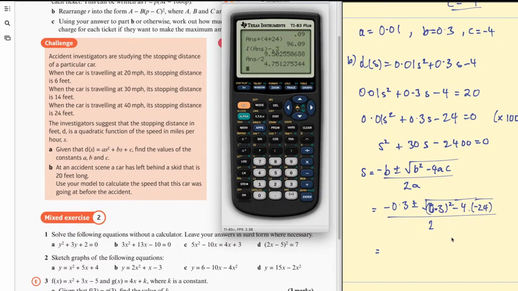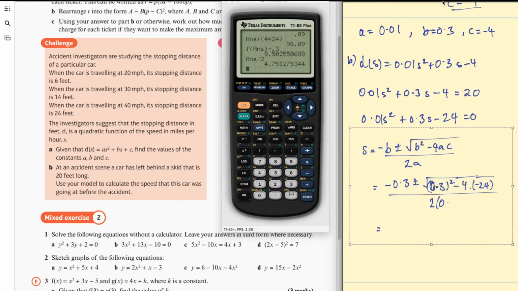Oh, the A. I was looking at this equation. So silly. Thank you so much. So A is 0.01. I need to multiply that denominator by 0.01.